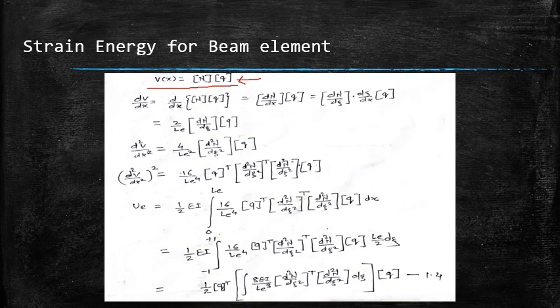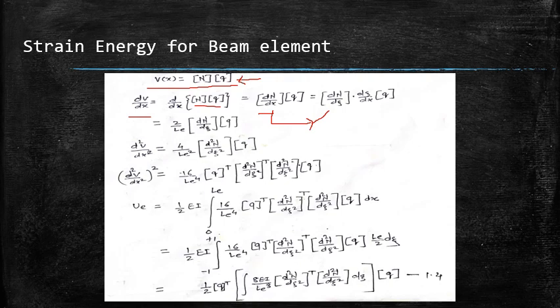Now dv by dx, the first derivative of this v, can be written as d by dx of the product of these two matrices, which is again written as dN by dx into q. Since N is a function of zeta, and zeta and x have a linear relationship, I can write dN by dx equal to dN by d zeta into d zeta by dx by chain rule.